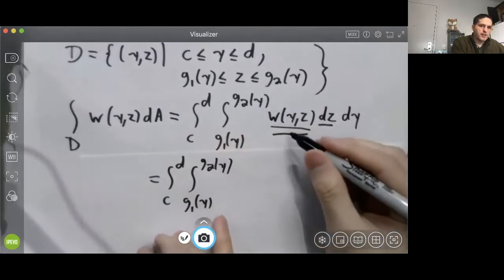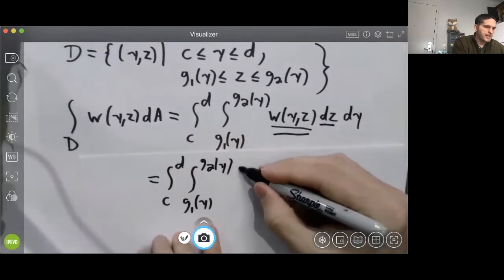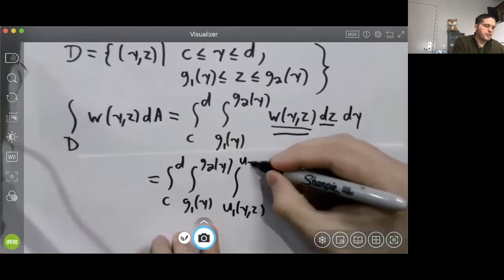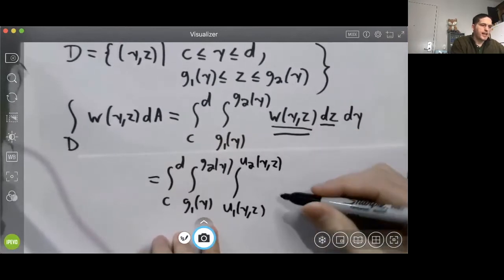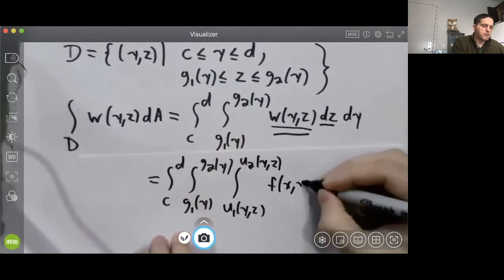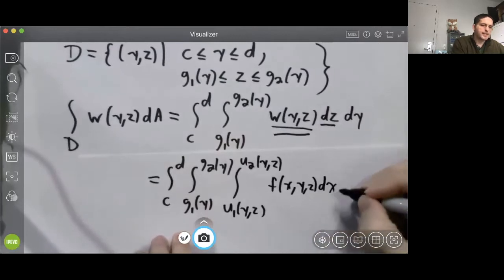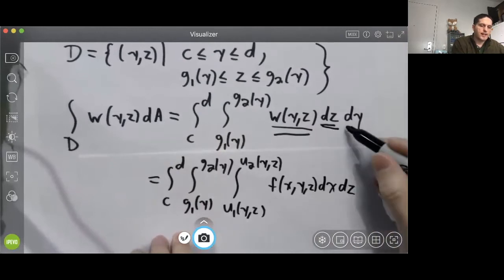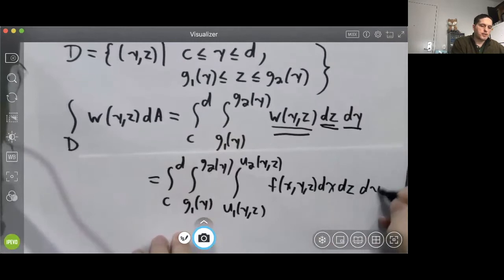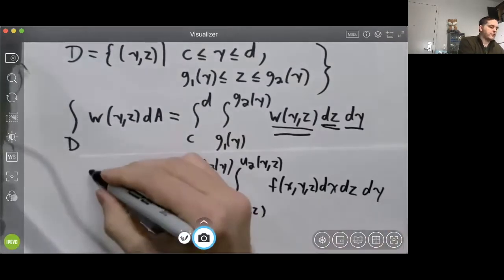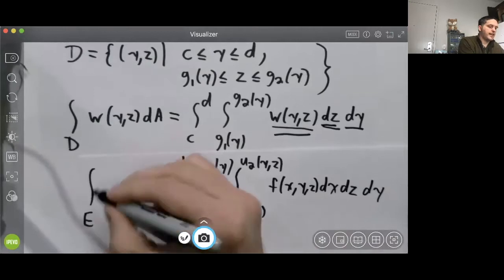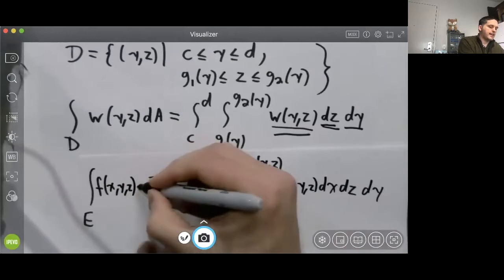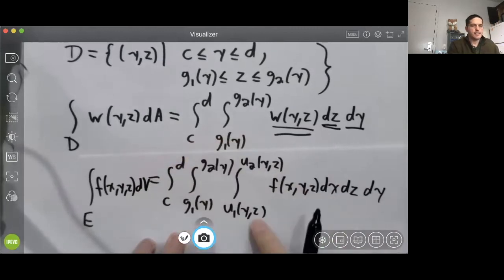And now w of yz becomes the integral from u1 of y comma z to u2 of y comma z of f of x, y, z dx. And then here we have a dz, so I put a dz here. And here we have a dy, so I put a dy here. And this is our formula for the integral over E of f of x, y, z dV.